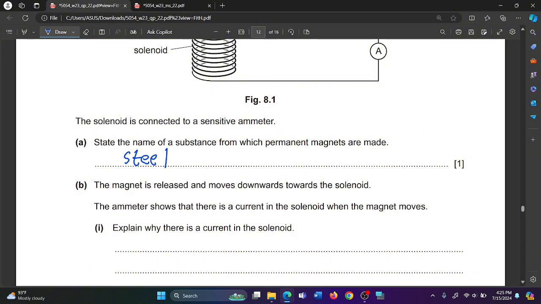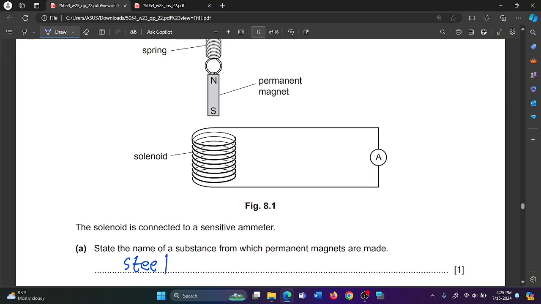Very easy. We know that the magnet has a magnetic field like this, these are magnetic field lines. When these magnetic field lines cut a metal wire or conductor, an EMF is induced. That EMF causes the current in the conductor.